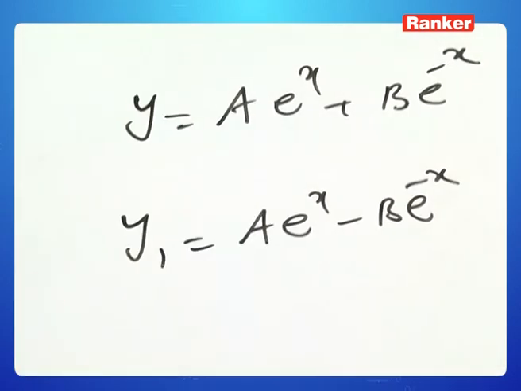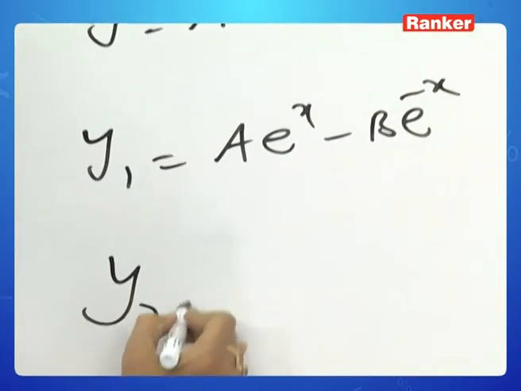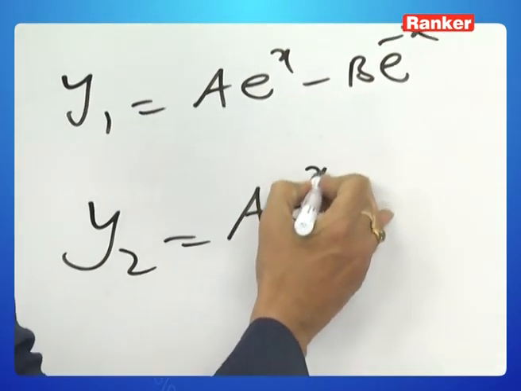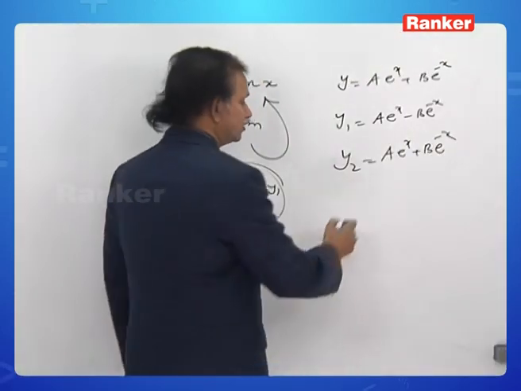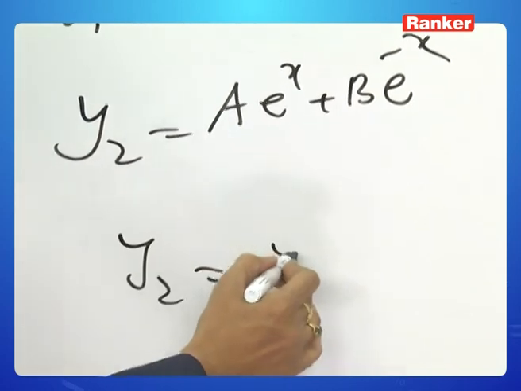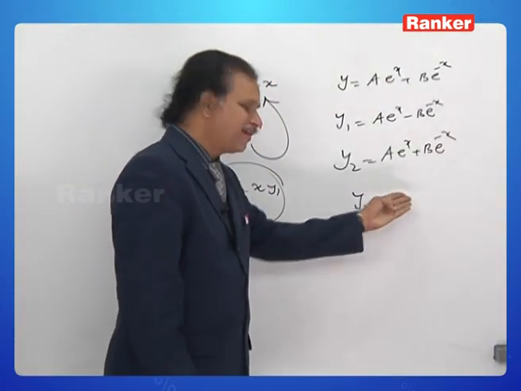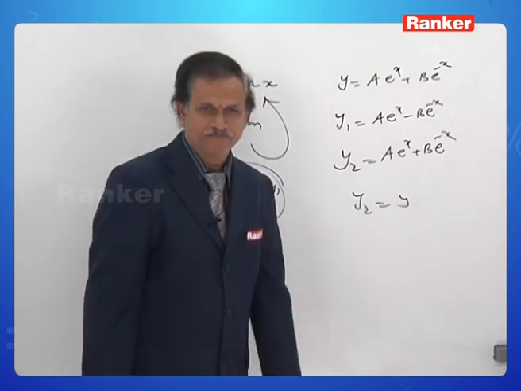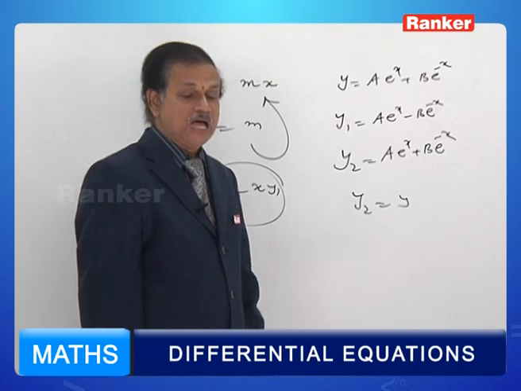This is not the differential equation of this one. Again, differentiate it. y2 is equal to a into e power x plus b into e power minus x. So we have got y2 is equal to y. Stop there. No more arbitrary constants are present here. This is the differential equation whose solution is this equation.